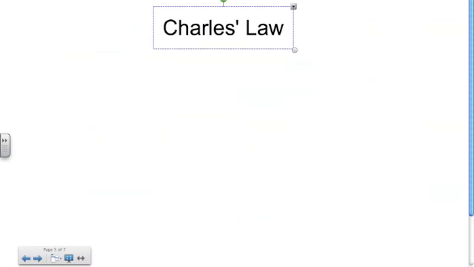Another law is Charles' law. So again, remember from our kinetic theory that as temperature increases, the kinetic energy of our particles should increase.